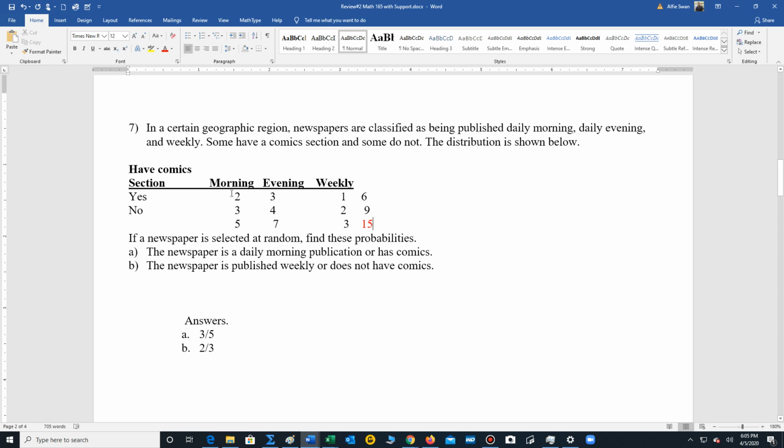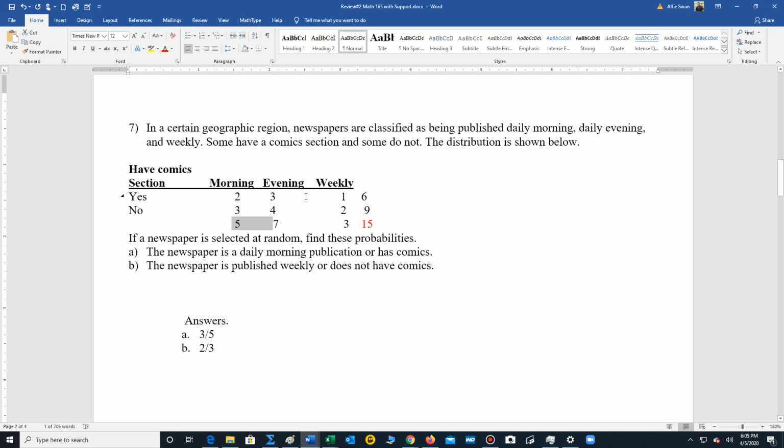So it says the newspaper is daily morning, so the daily mornings would be these values here. This row, so that's going to be 5 or has comics, and has comics would be 6. So 5 plus 6 is 11 minus 2, 9 out of 15, which reduces to 3 out of 5.